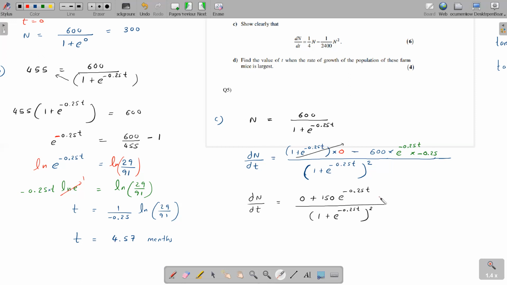So how do we work with this? What is the next step? Can you all suggest what steps I should use? What method should I use to make my answer go towards this? And you can see it's 6 marks, so it's a pretty big show that. How do I go there? Give me ideas.